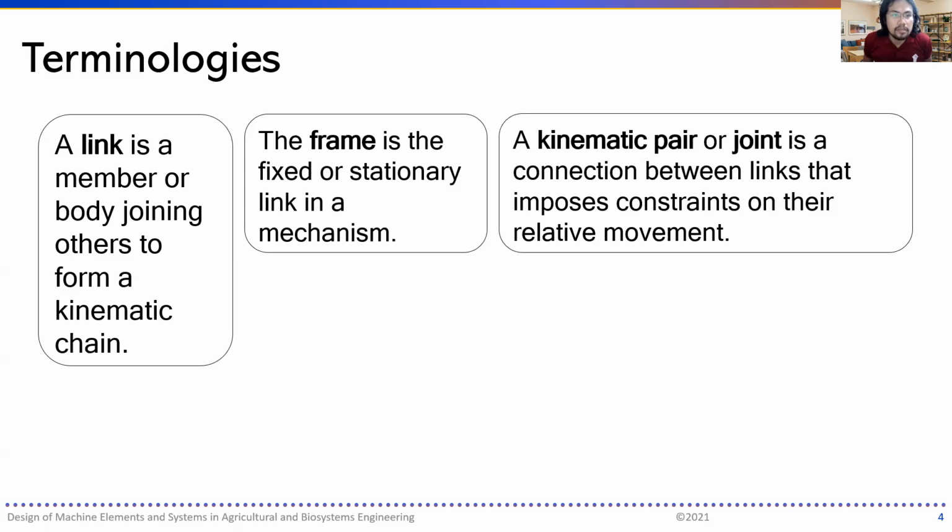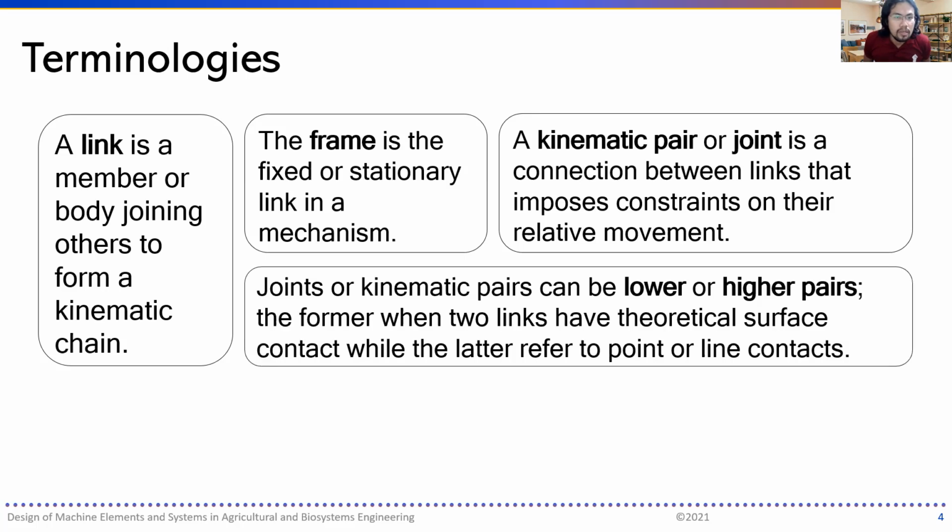A kinematic pair, or joint, is a connection between links that imposes constraints on their relative movement.